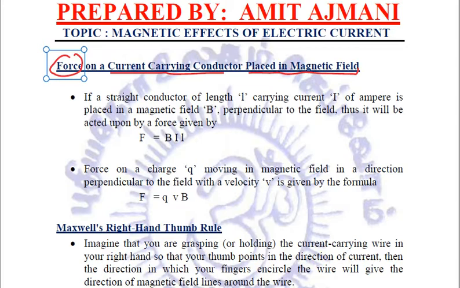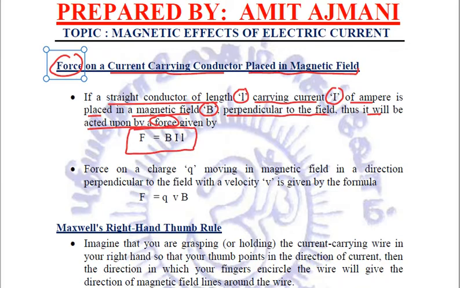Let us relate that if a straight conductor of length L, carrying current I in amperes, is placed in a magnetic field B, which is perpendicular to the field, then it will be acted upon by a force, and the formula for calculating this force is F = B I L, where B is the magnetic field, I is the current, and L is the length. Fine.